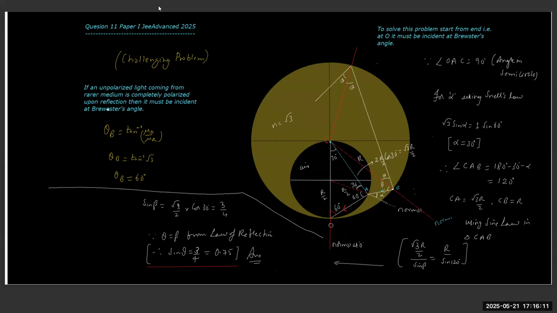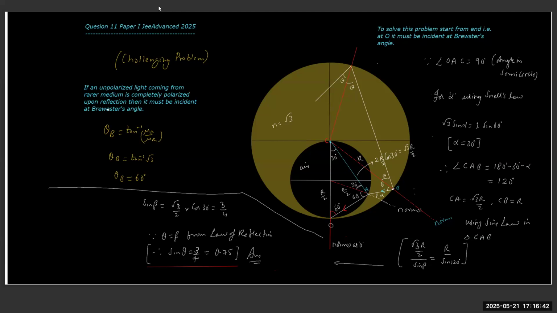So how to think is, first I started from O, and from O I got the answer at A. From A I derived the B, so alpha I derived from there, and once I get the B and beta angles, that's the end of the story because it is essentially the same angle everywhere due to the reflection property. So a bit of geometry you need to apply, and the concept is very small, but I think geometry and realizing that it will work this way is a bit of a challenging task.